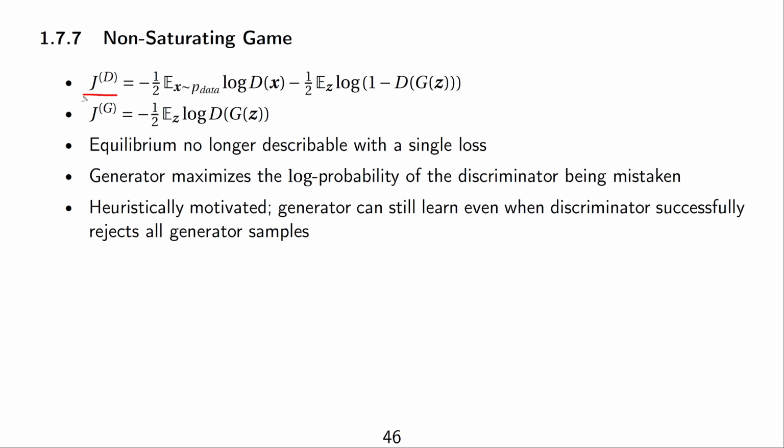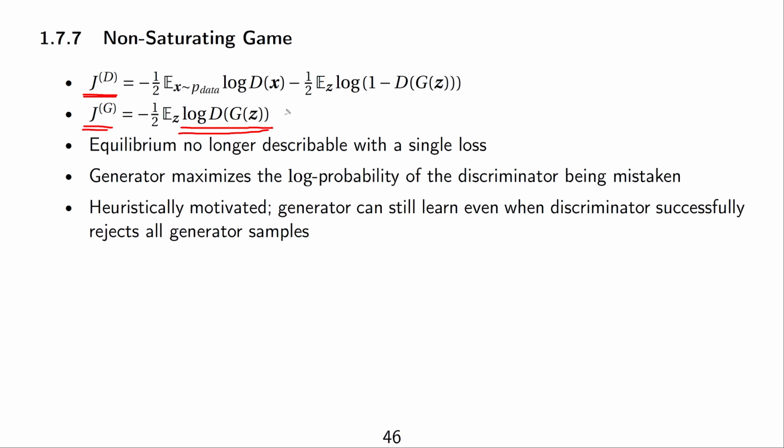The discriminator is similar to what we had before, with this 1/2. But the generator now has a different objective. It wants to directly optimize for this log D(G(z)).